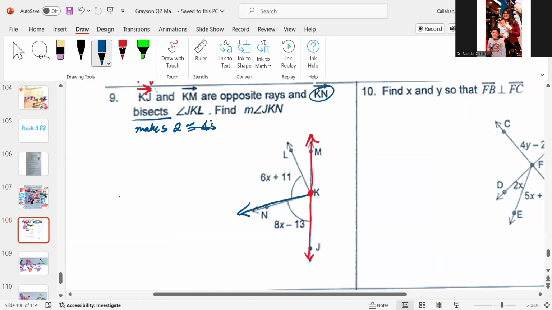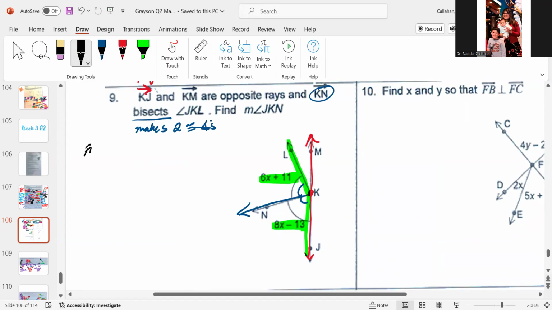This is the one that splits JKL. Do you see that? So then you know this angle is equal to this angle, right? So then you should know that 6x plus 11 equals what? 8x minus 13, right? Yeah. So you do that later.